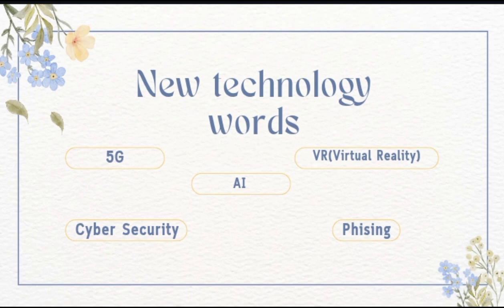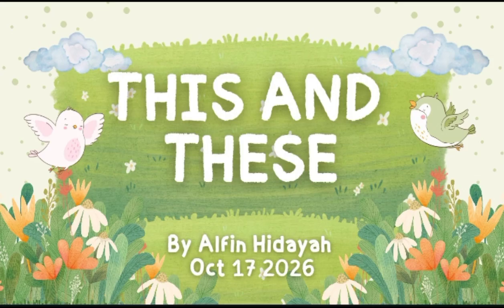AI, artificial intelligence, computers that think and learn like humans, such as voice assistants like Siri. VR, virtual reality, a computer-generated world that feels real, often used with headsets for games or training. Cybersecurity, the practice of protecting computers and networks from hackers and data theft.